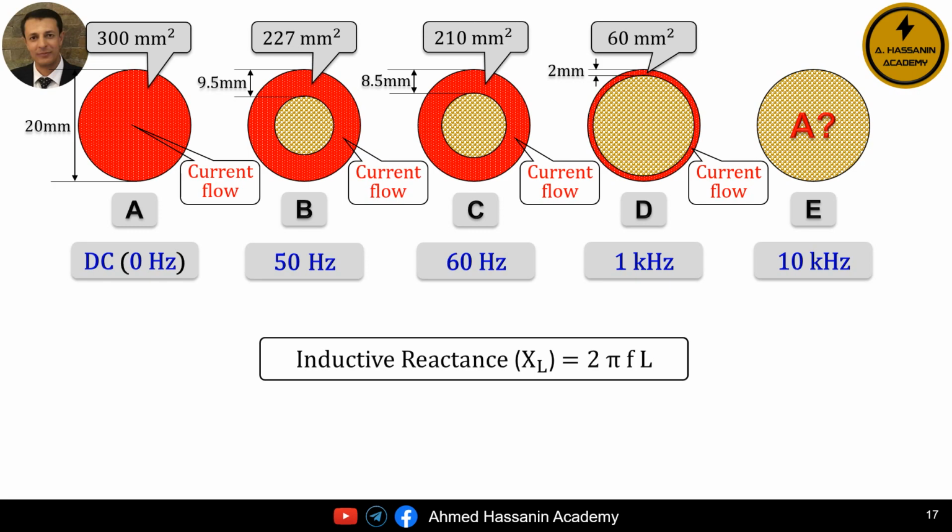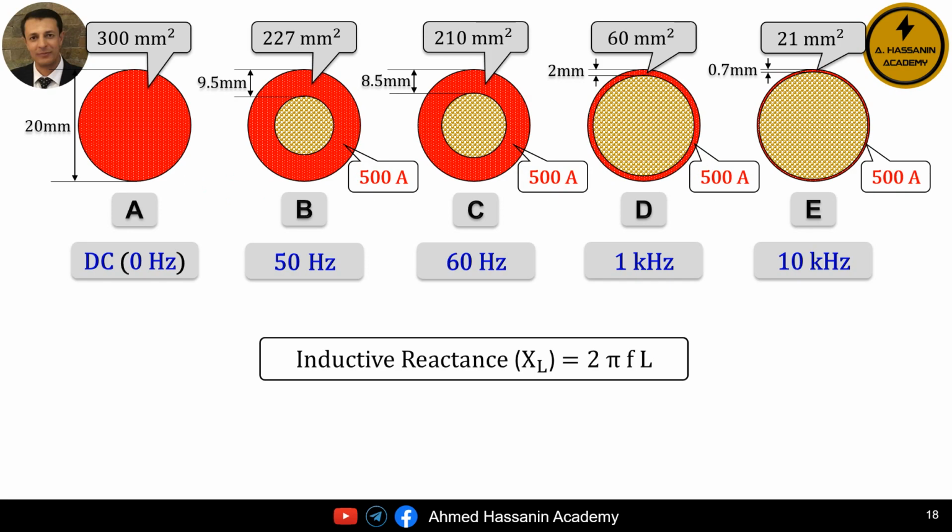Therefore, the cross-sectional area through which the alternating current passes at 1 kHz frequency will be about 60 square millimeters. In the case of conductor E, with a frequency of 10 kHz, the alternating current will flow through a thickness of the outer layer of the conductor not exceeding 0.7 millimeters, meaning it will flow through a cross-sectional area of approximately 21 square millimeters.